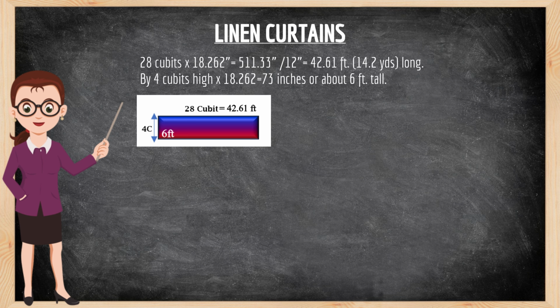So again, we'll multiply the 4 cubits by 18.262, and that equals 73 inches, or about 6 feet tall. So now isn't that interesting? Because the sides of the nomadic yurt were also 6 feet tall.